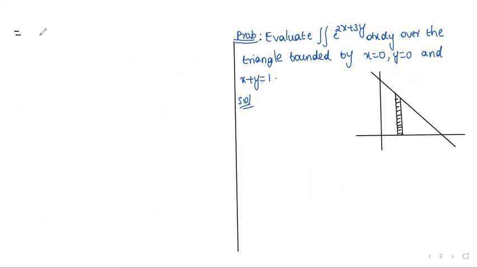Applying the limits, we get 1 by 6 from the upper limit, minus 1 by 14, minus 1 by 24.